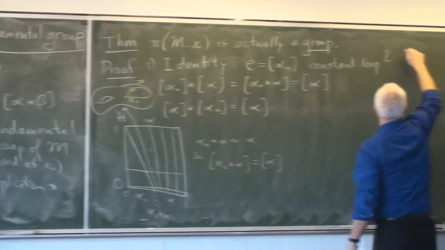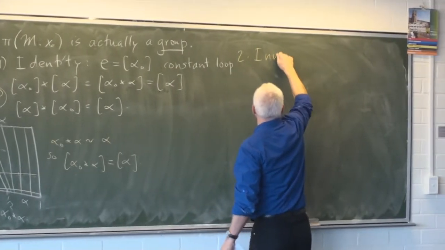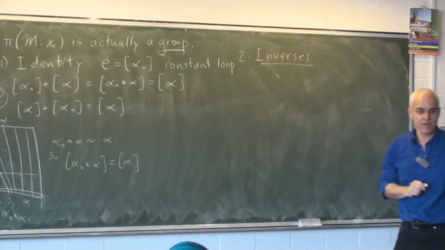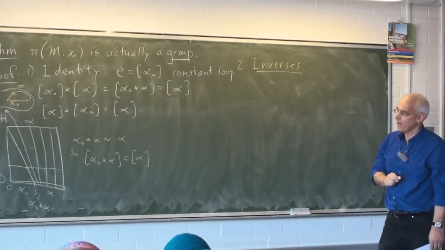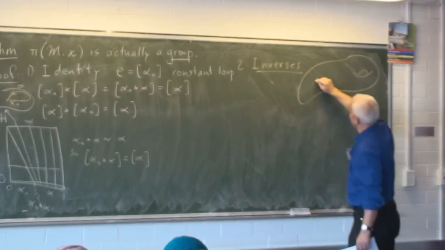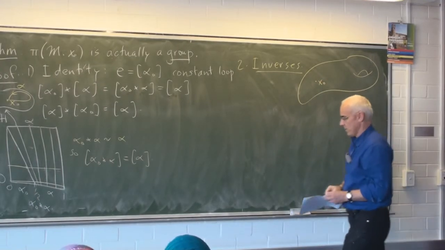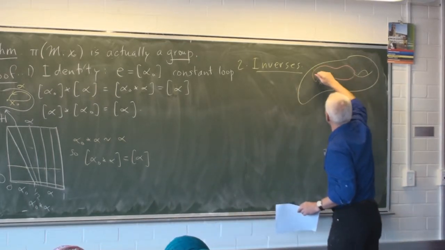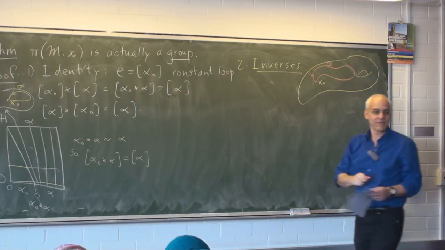So the second thing was we had to prove the existence of inverses. So here's our point x0. Here's a path, a loop, say alpha.